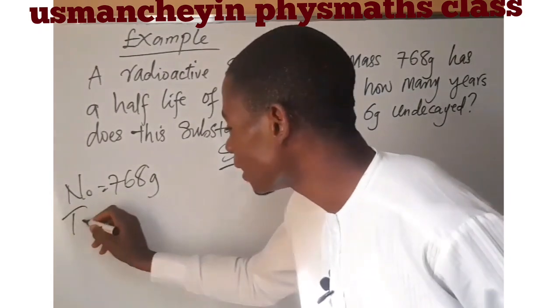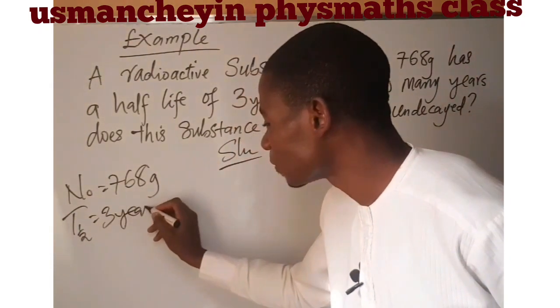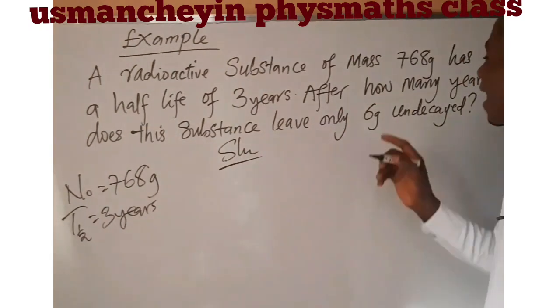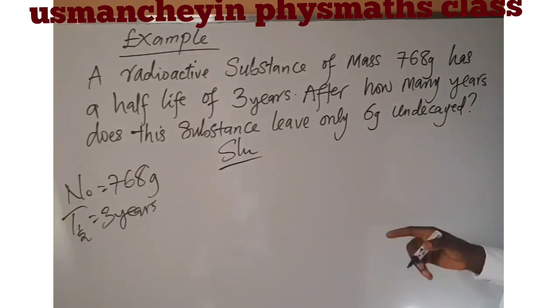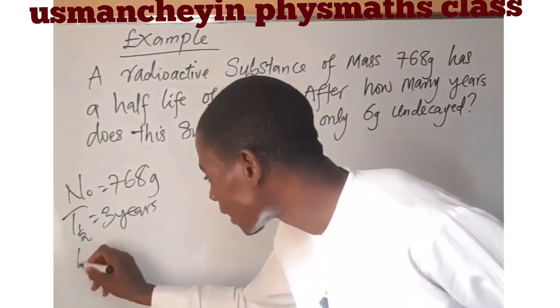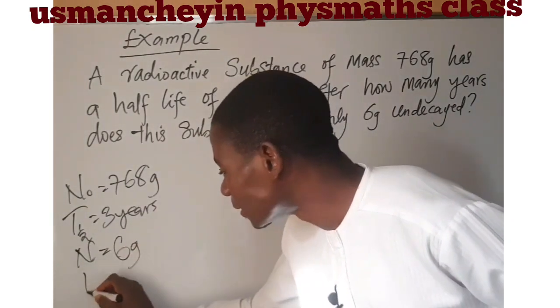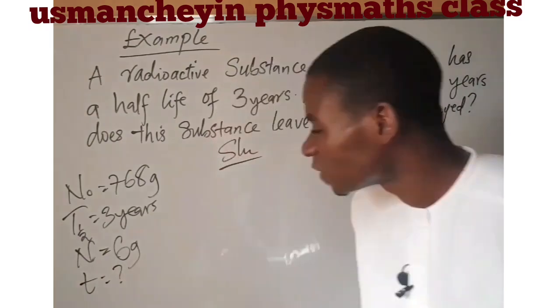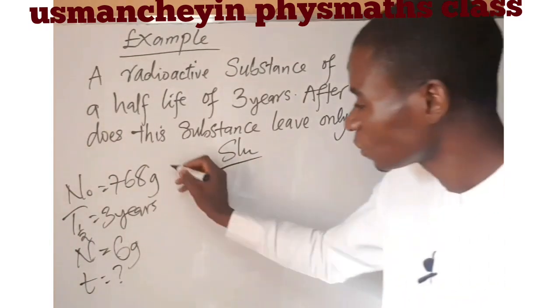So the half-life is equal to 3 years. After how many years does this substance leave only 6 gram on decay? So it means that N is equal to 6 gram, and the time taken is equal to question mark.